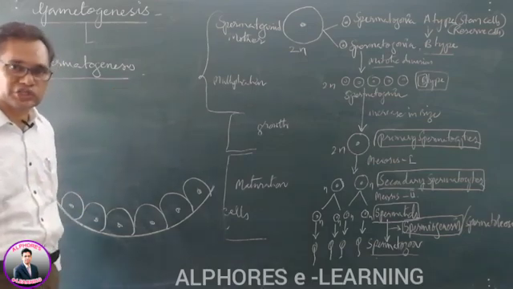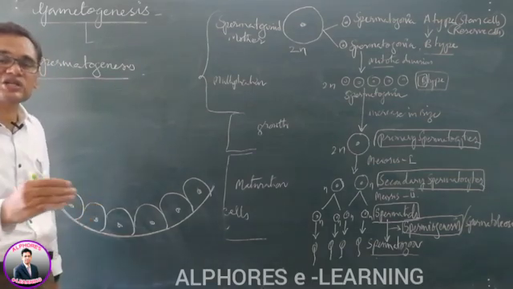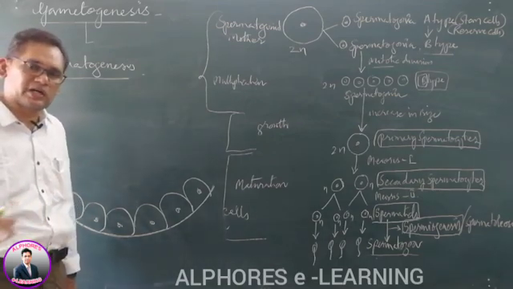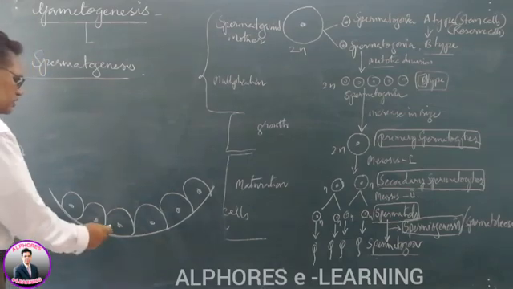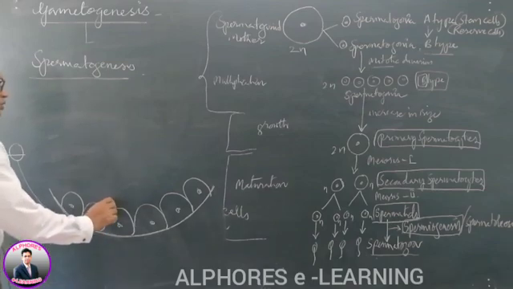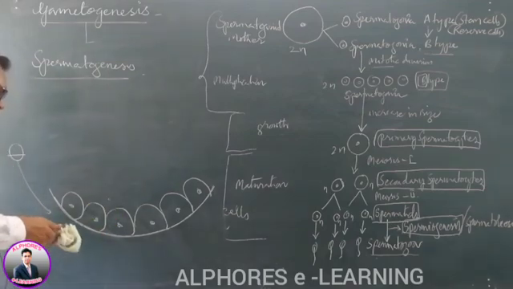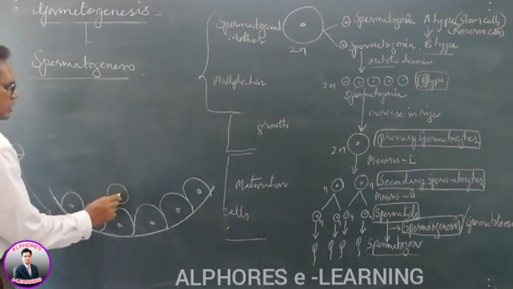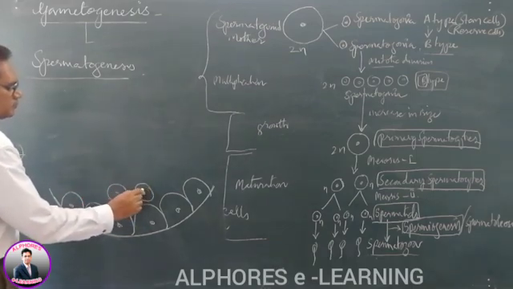They are not formed in the gonads. Now the spermatogonial mother cells undergo division to produce spermatogonia. Here these are the spermatogonia.